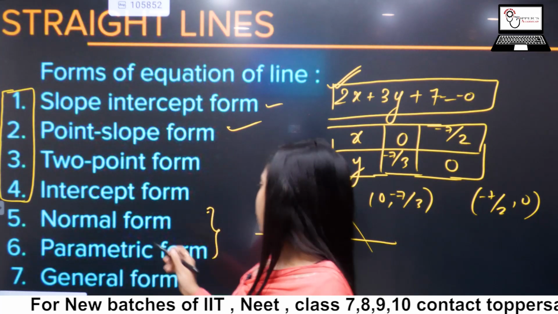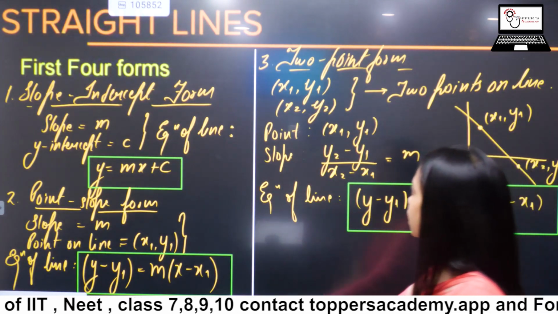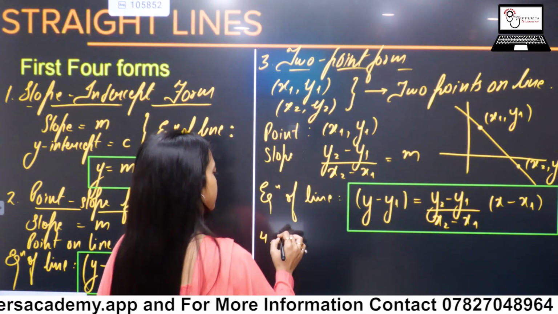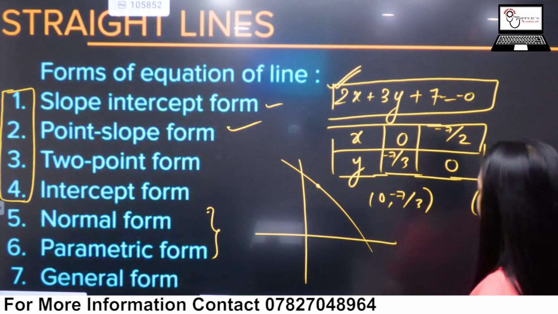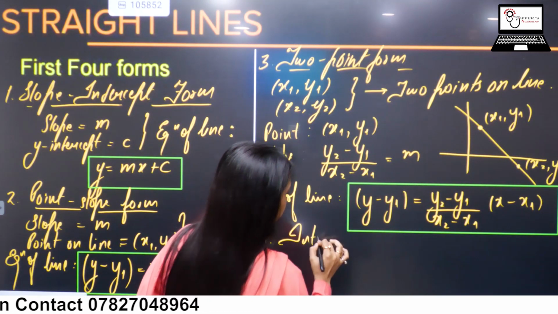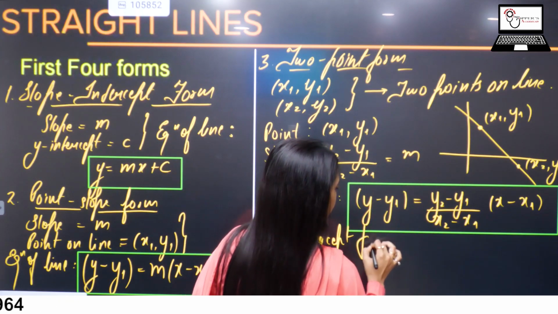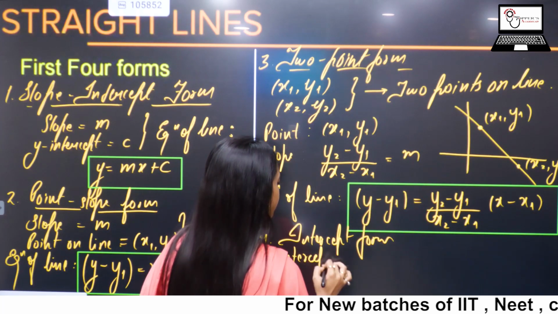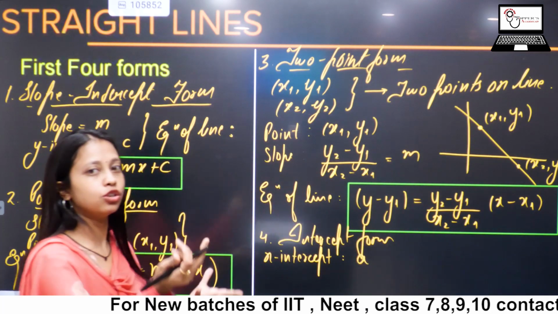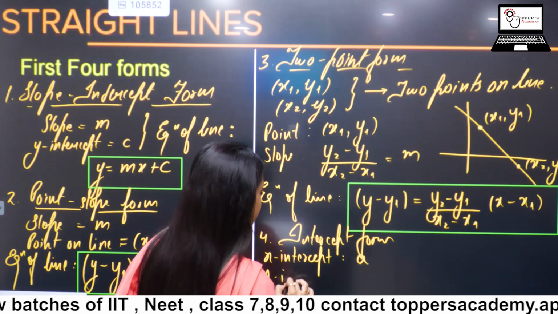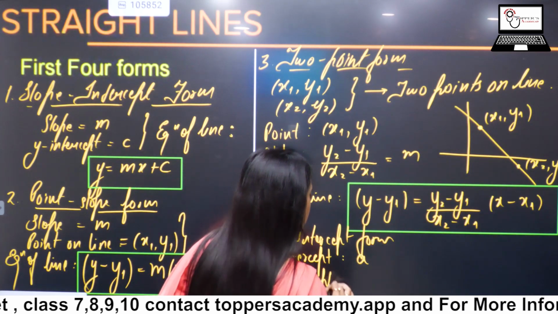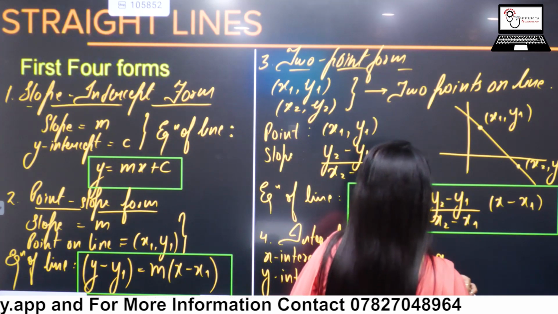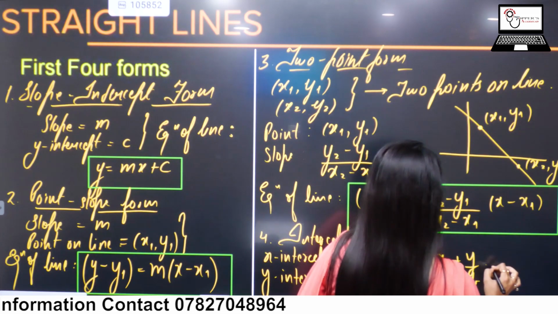So in this intercept form, let's say a is your x-intercept and b is your y-intercept. The equation is given by x by a plus y by b equals 1.